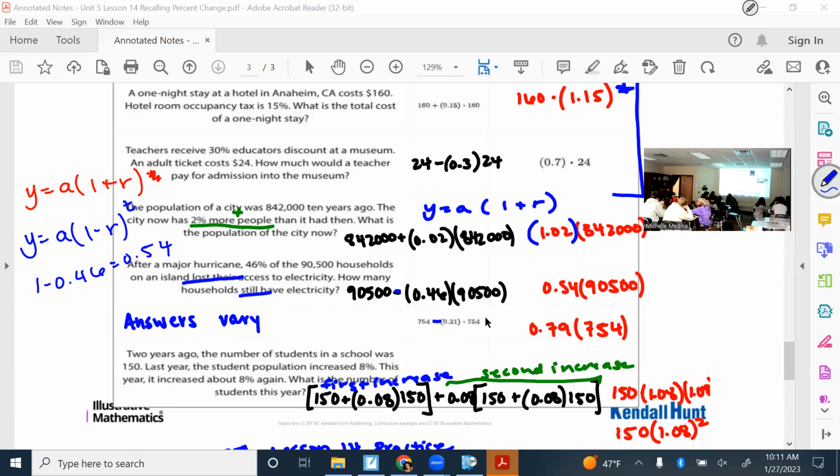Now this is what you have left. The equivalent one that would be just multiplication is what remained. So if you spent 21%, what remains would be what percent? 79%. That can give you what you currently have. Questions on that one?